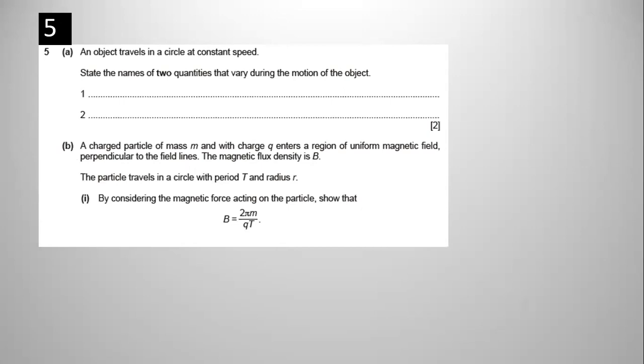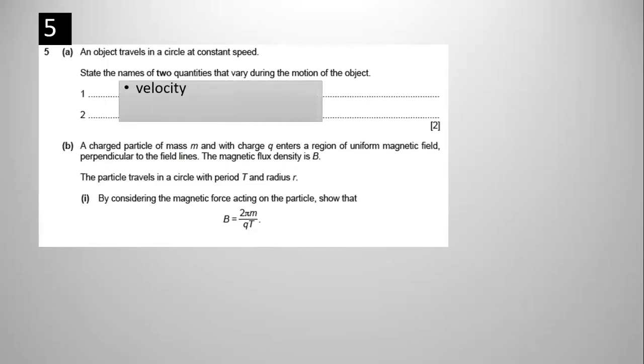Okay, you want to try? Yeah, velocity, acceleration.